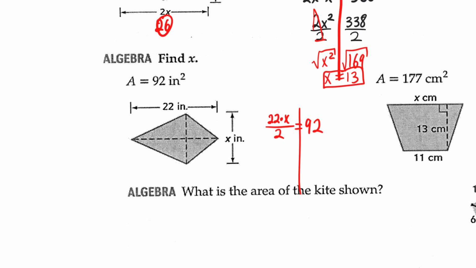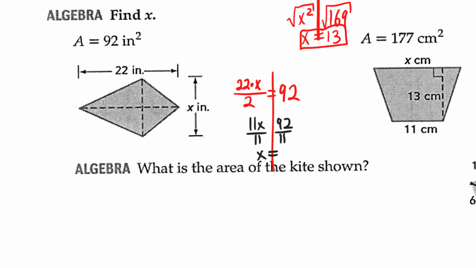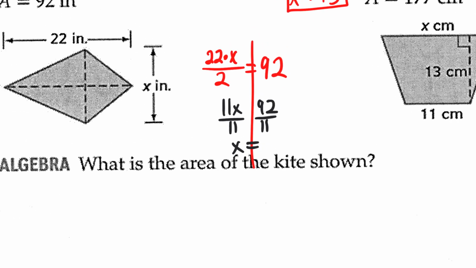Let's go ahead and just think about this. What happens to 22 divided by 2? You can do it like this. 11, so let's just do it like that. That gives us 11x equals 92. Divide by 11. And what is 92 divided by 11? 8.36.